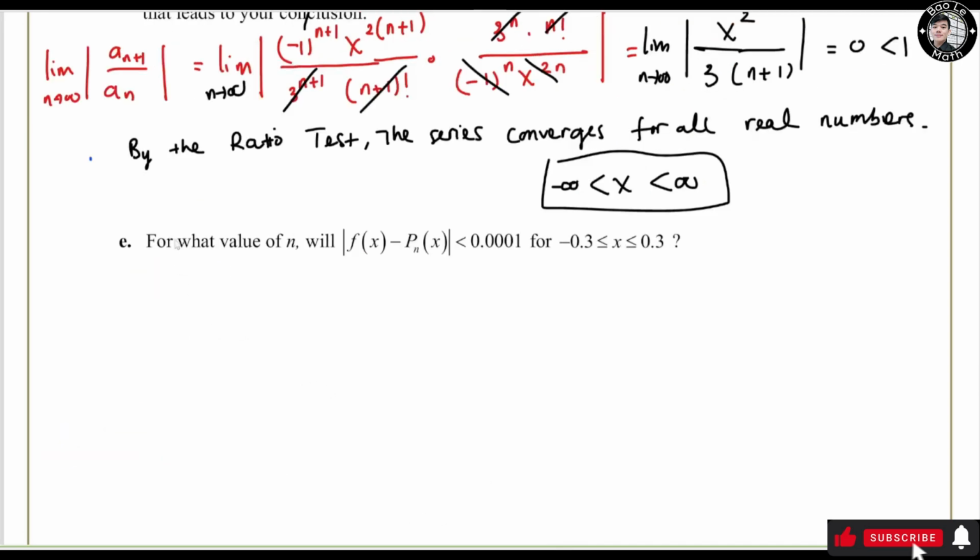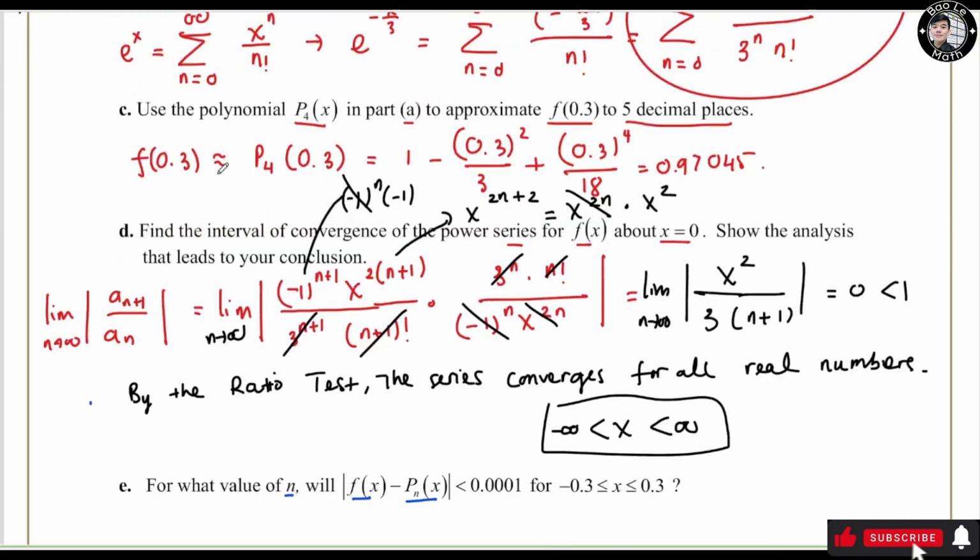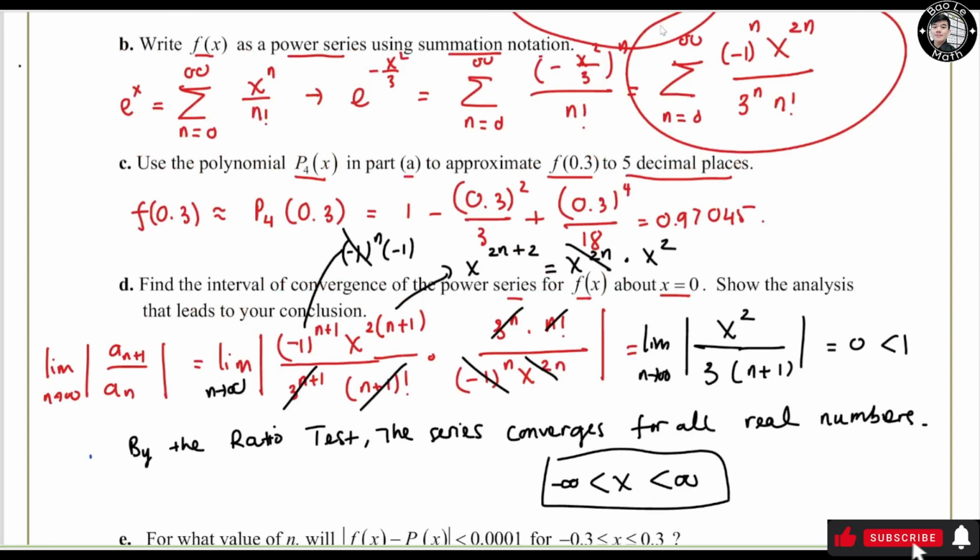Let's move on to question E. For what value of n will the absolute value of f of s minus b sub n of s be less than 0.0001? Now look at question B right here. This guy is the alternating series, so we need to use the alternating series error bound.